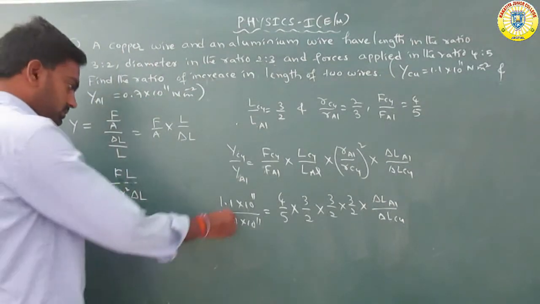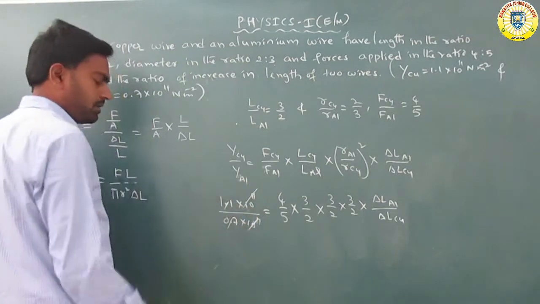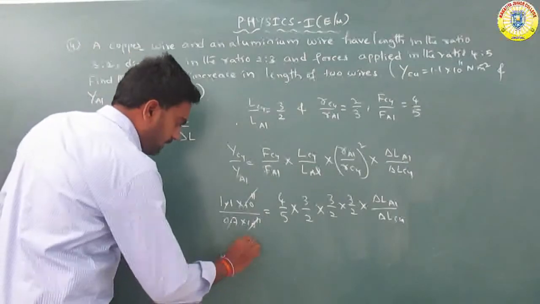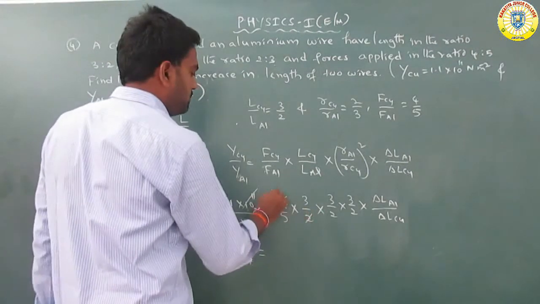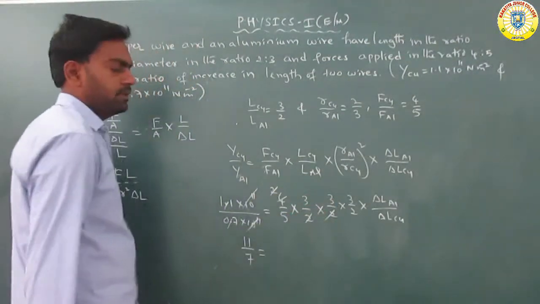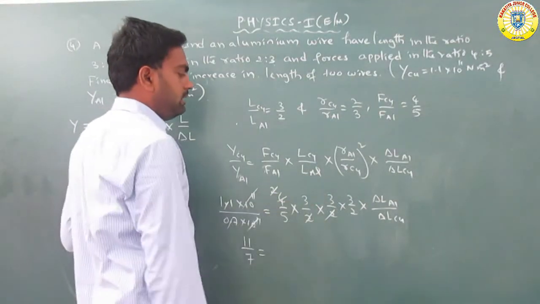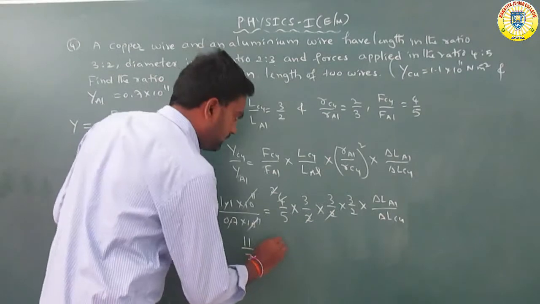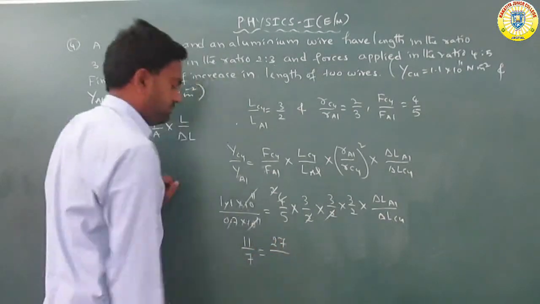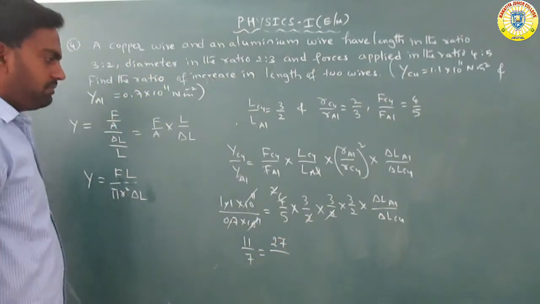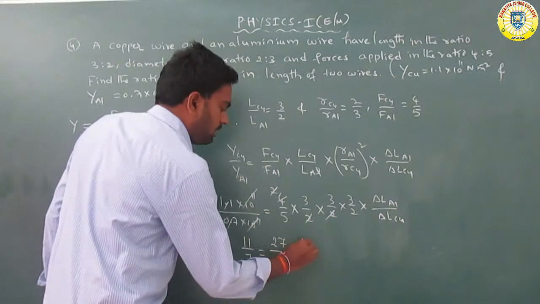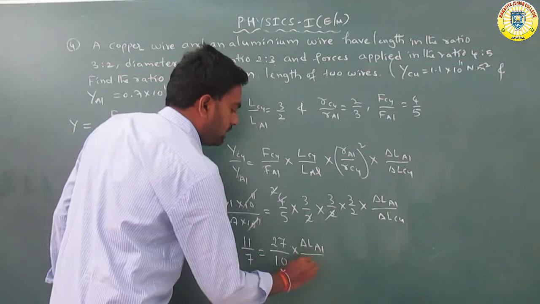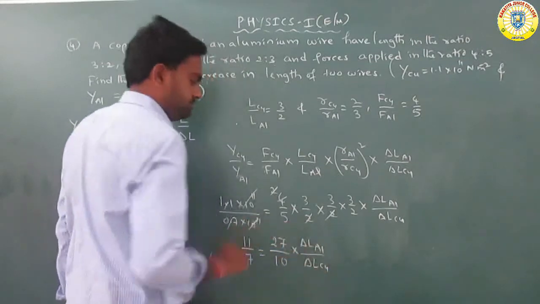Okay, so these are cancelled, the point is also cancelled. So 11/7 is equal. Two twos are four, two twos are cancelled. Three threes are 9, 9 threes are 27 by 5 twos are 10 into delta L aluminum by delta L copper.